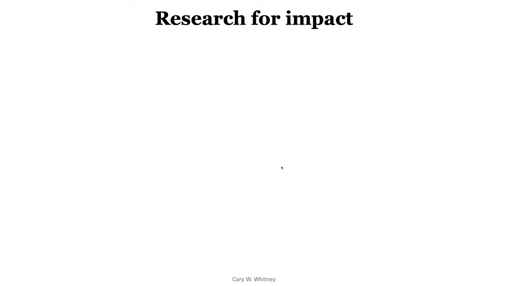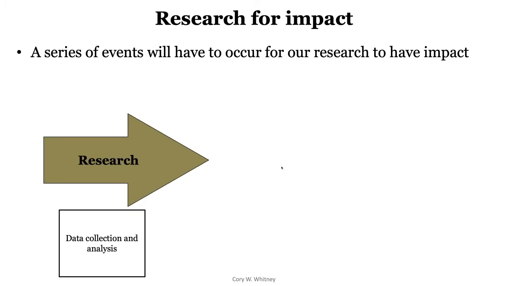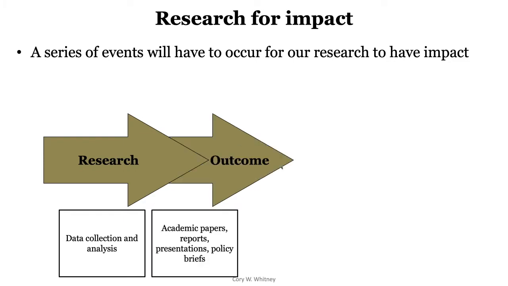The idea within decision research and many other approaches in development-related research is that we should try to do research for impact. So we have to know, or have some conceptual understanding of, the series of events that have to occur in order for our research to have impact. And here's how I think about this. First we do our research. We do data collection, we do some analysis.